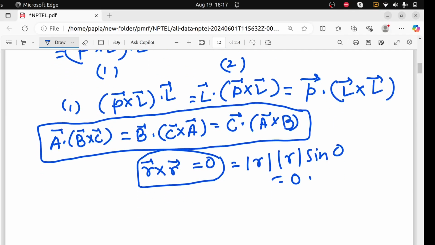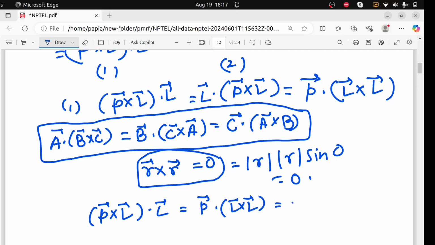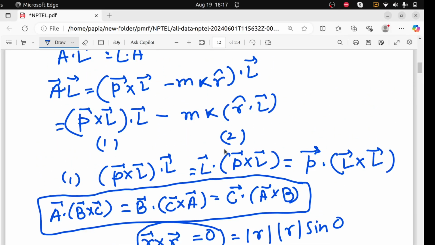So if I calculate for this one case, P vector plus L vector dot L vector equals P vector dot L vector or L vector dot L vector, so it is giving us 0. The first one is giving me the 0 answer.